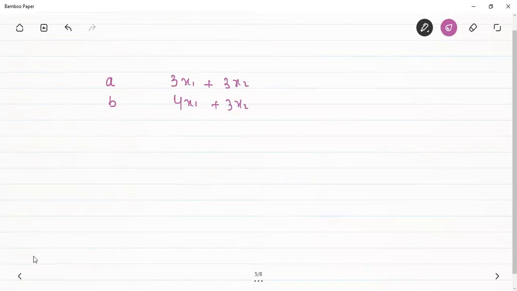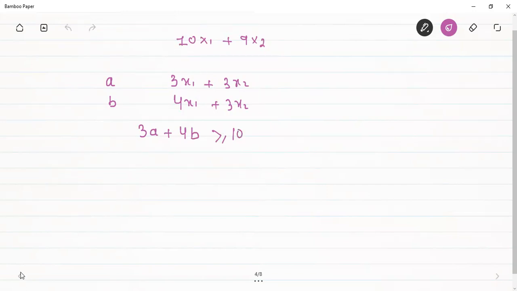So if we see here, the objective function was 10x1 plus 9x2. This 3a plus 4b has to be greater or equal to this value 10.